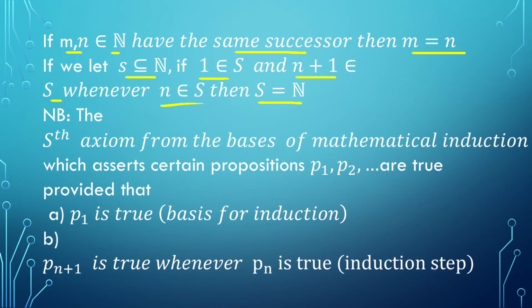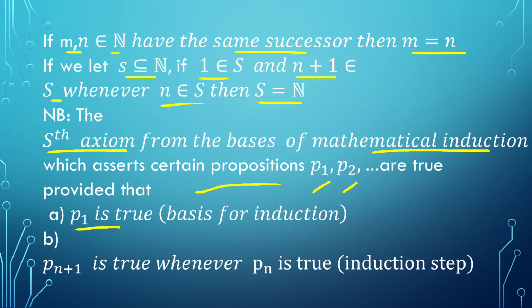So what you need to note here is that the axiom from the basis of mathematical induction asserts that certain propositions, which may be first proposition P1 and second proposition P2, are true provided that the first assertion is true.